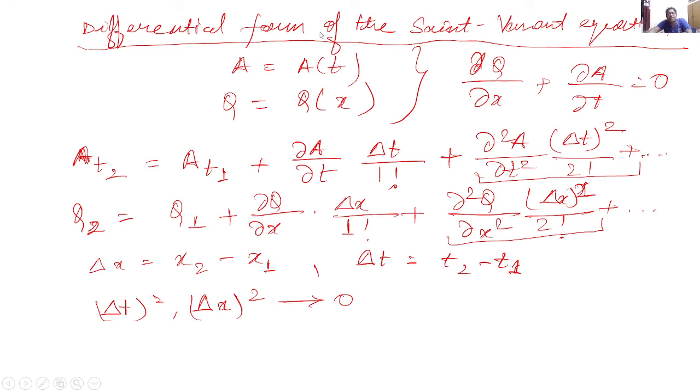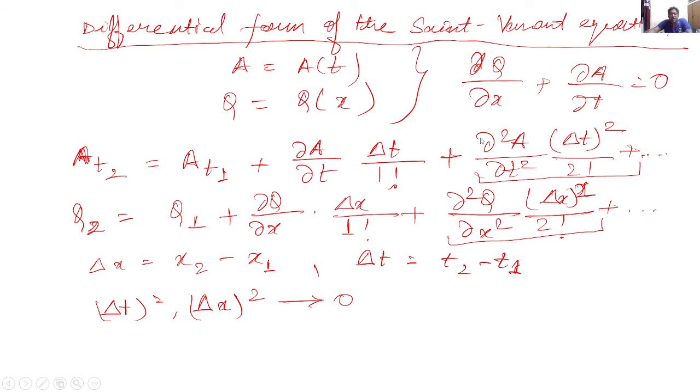And finally, we learned about the integral form of the Saint-Venant equations. We derived it from the differential form using the very famous Taylor series expansion. We understood that for the higher order terms, the delta t power 2 and delta x power 2 terms would be tending to 0.